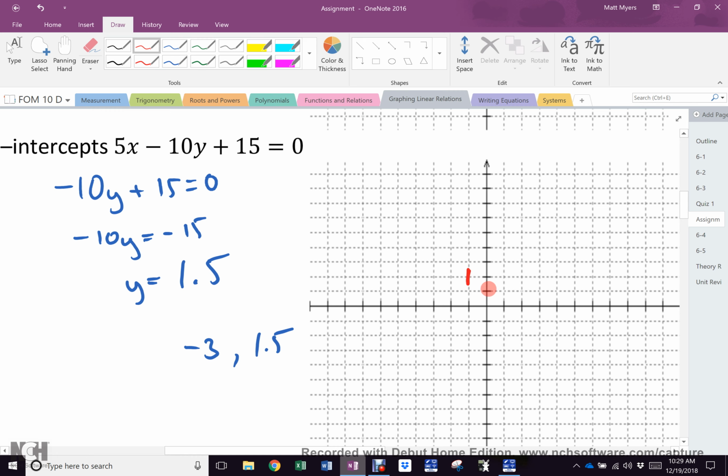I need to be up at 1.5. And then -3. There's -1. There's -2. There's -3. Because each square is worth a half. Then I do that. Or, if I don't want to change the scale, 1.5 and 1, 2, 3.